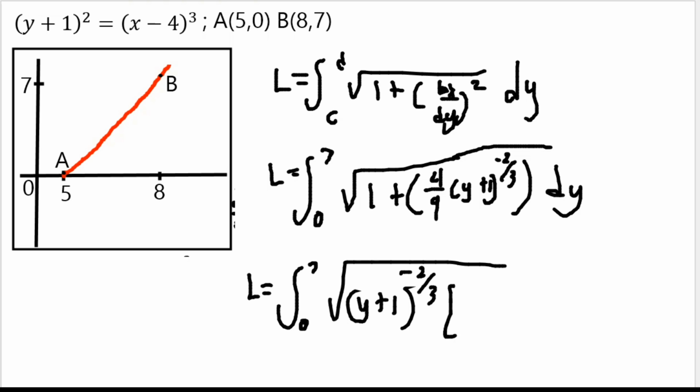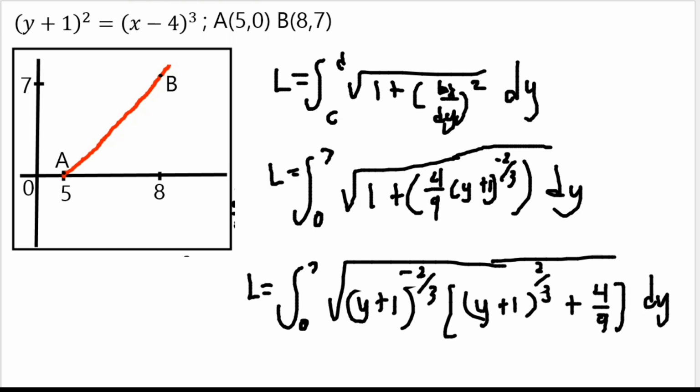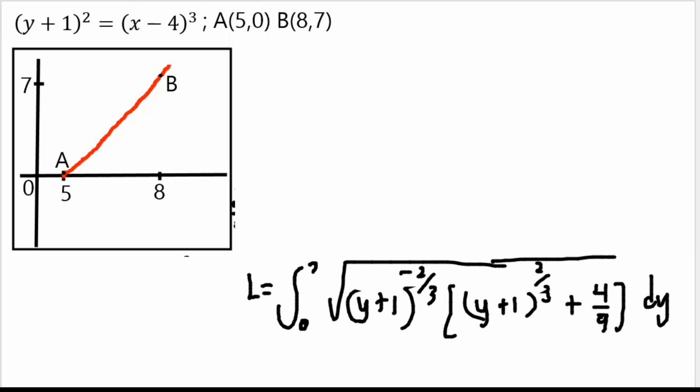What will happen here is it's just going to become y plus 1 raised to the 2/3, and then 4/9 will be alone. If we distribute it once again, we will arrive at that form once again. Now, let me delete the top one.